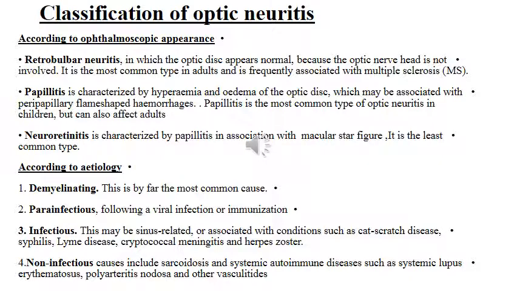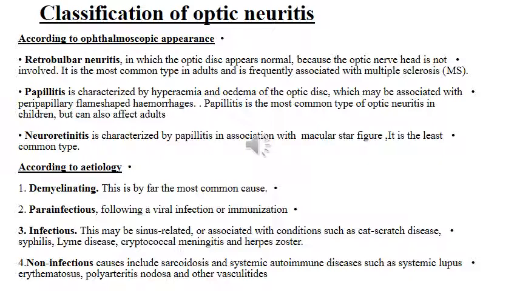Infectious, this might be sinus related, usually chronic or severe sinusitis, especially sphenoethmoidal, which can lead to optic neuritis. Cat scratch disease, syphilis, Lyme disease, cryptococcal meningitis and herpes zoster are important infectious agents that might end up with optic neuritis.